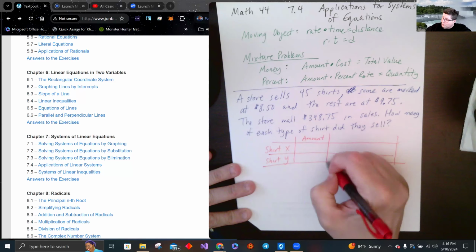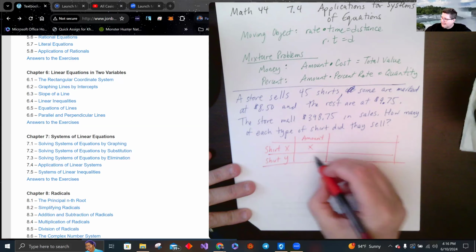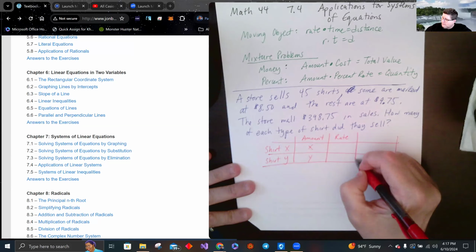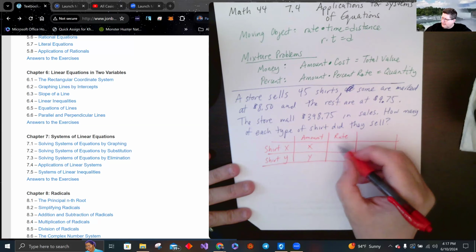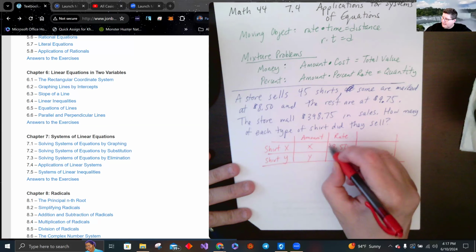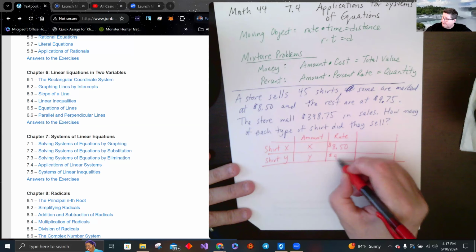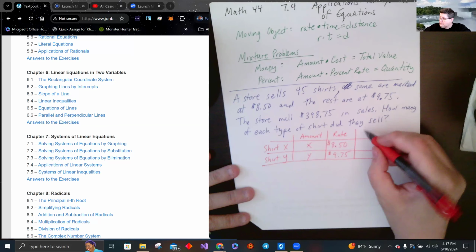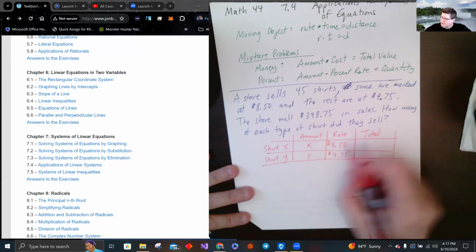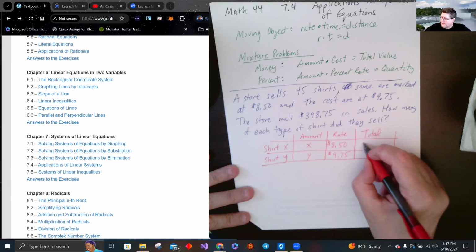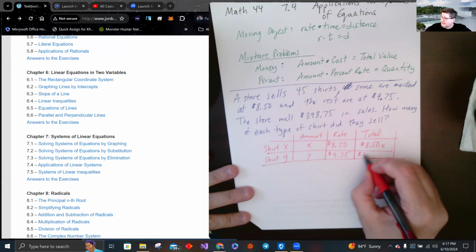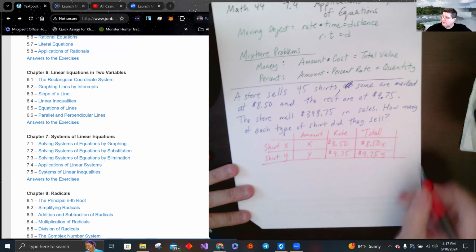So maybe we sold X of shirt X and Y of shirt Y. And the rate is, we'll make the X one the cheaper one, the 8.50, and the Y one is the 9.75. And so the total value for each one would be 8.50 times X, and this would be 9.75 times Y.